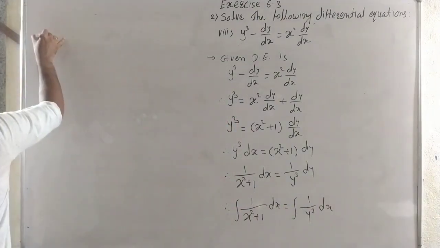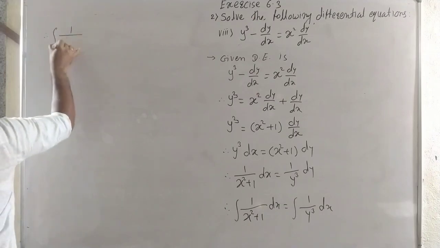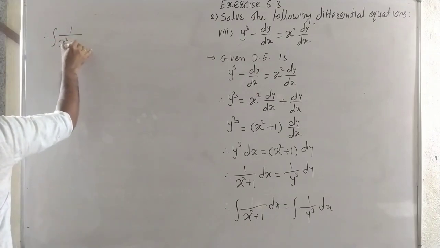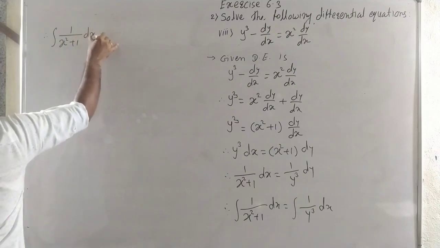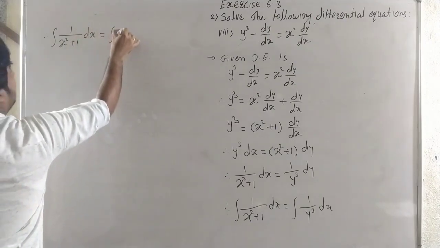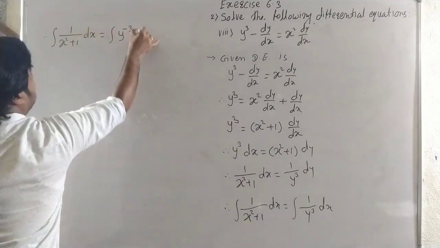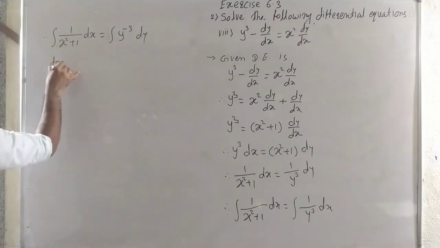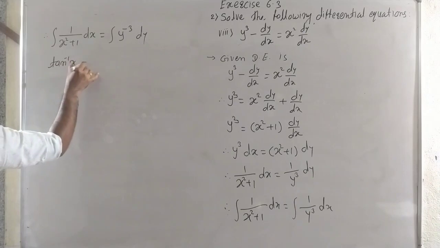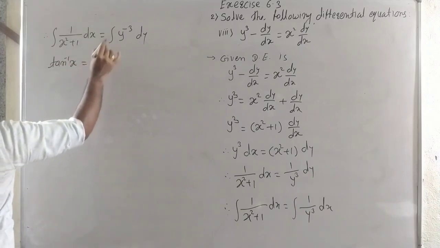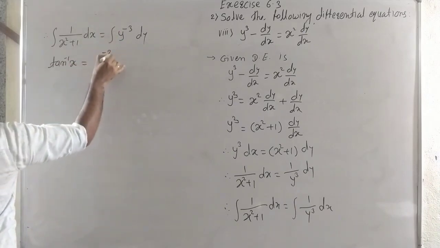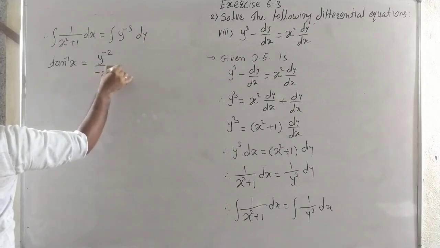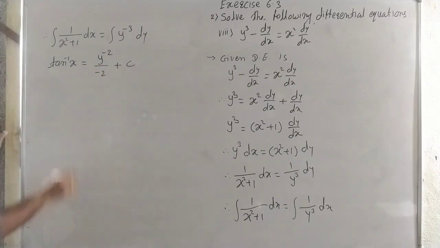Now the integral of 1 upon x square plus 1 dx is a standard integral, and the integral of 1 upon y cube is y to the power minus 3 dy. Now it is tan inverse x, and here y to the power minus 2 upon minus 2 plus c. See carefully this.